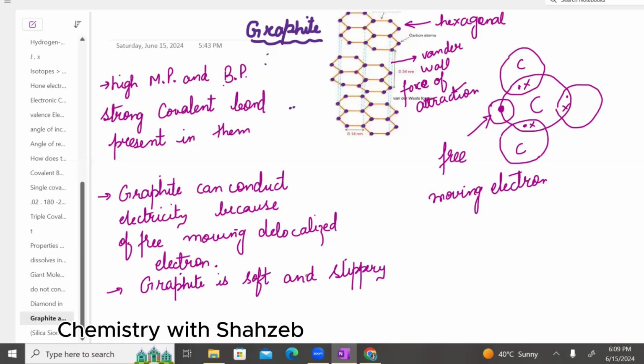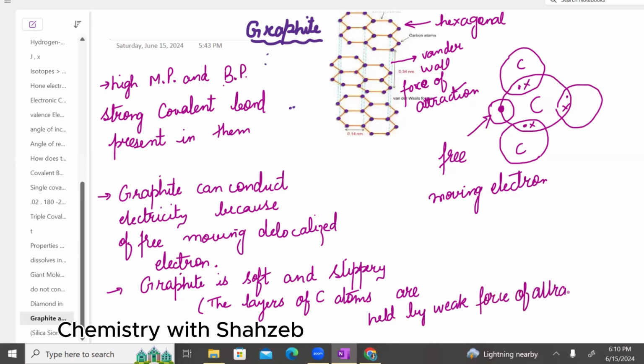So the layers of carbon atoms, which have a hexagonal structure, are held together by weak force of attraction.